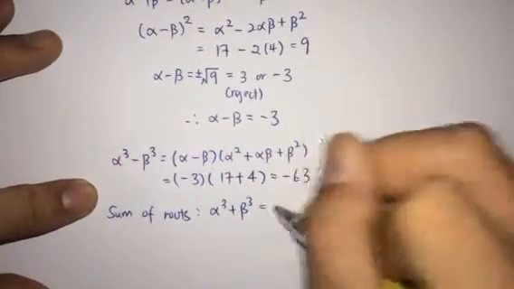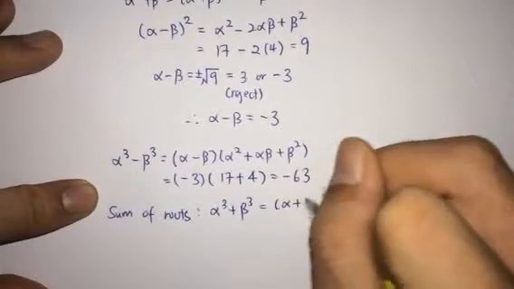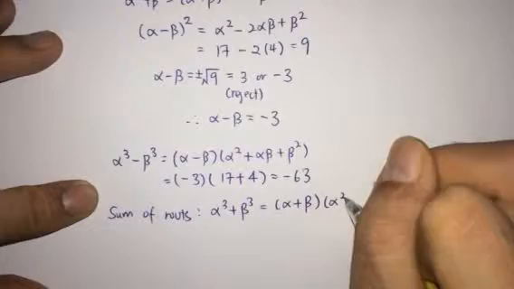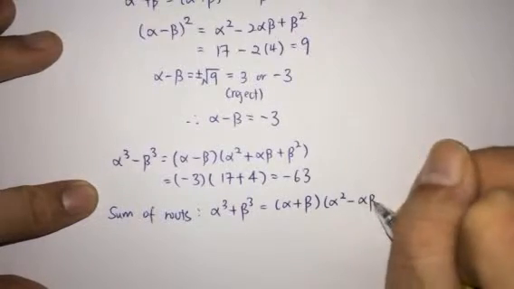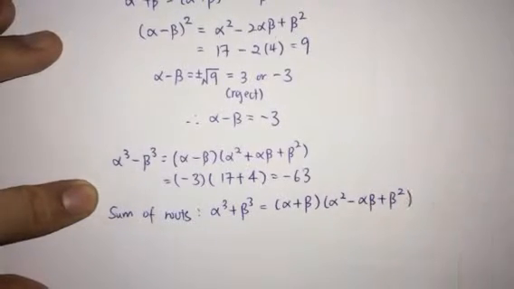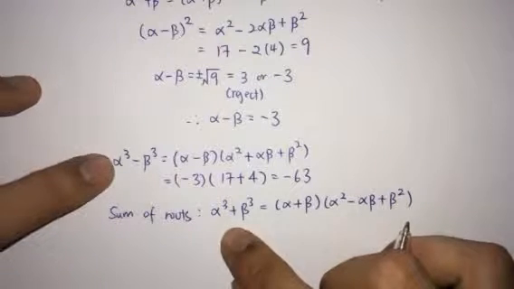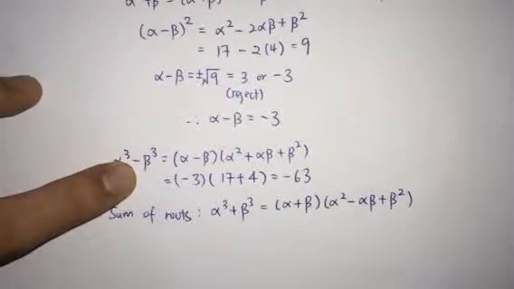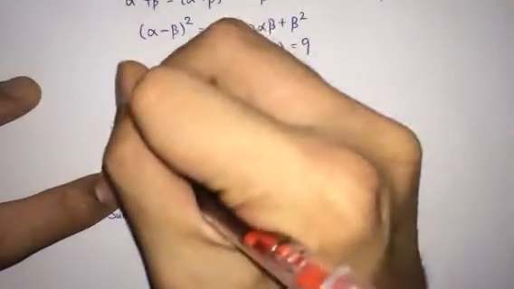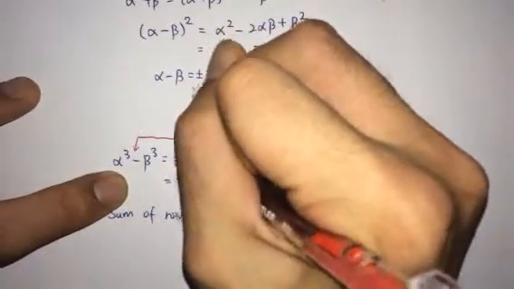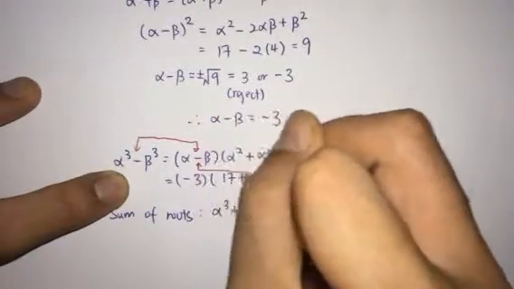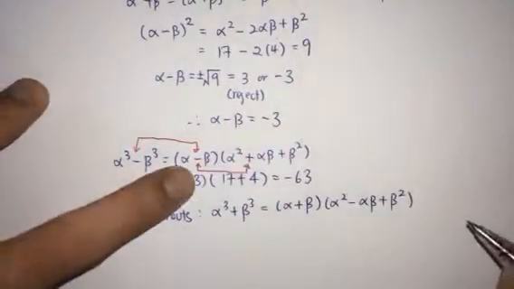Alpha cube plus beta cube will be alpha plus beta, times alpha square minus alpha beta plus beta square. Notice that this is very similar to alpha cube minus beta cube. One way you can remember is that the sign in the first bracket is always the same as the sign in the cube expression, and the sign before alpha beta is always the opposite.